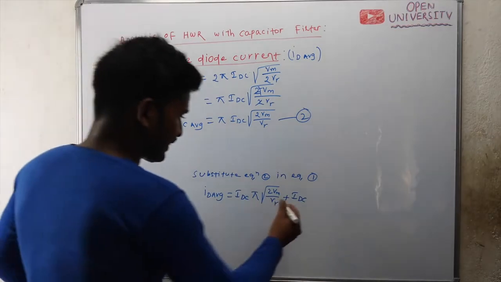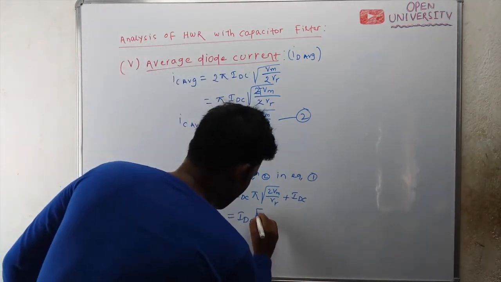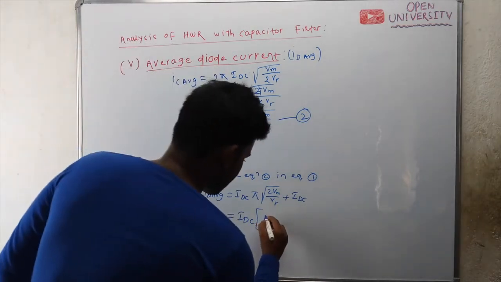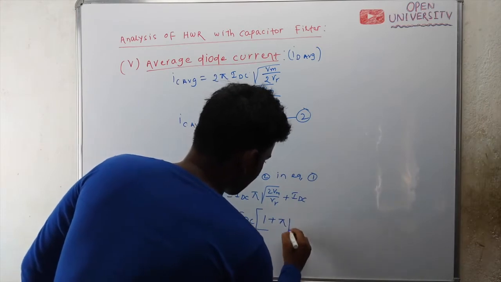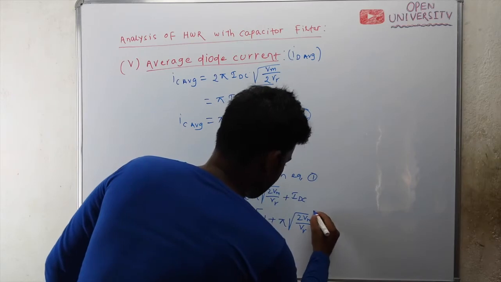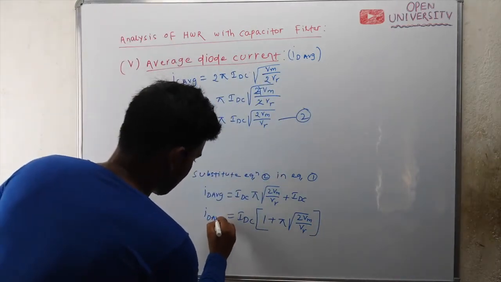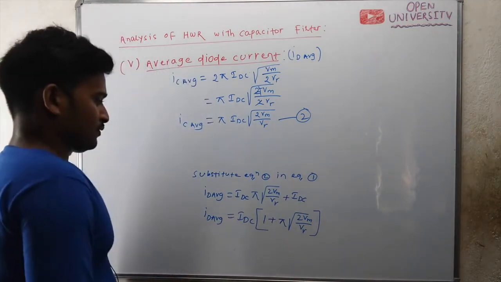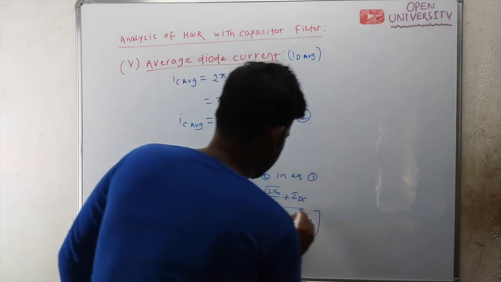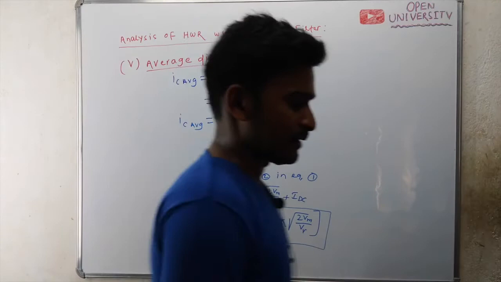If I take IDC common, then IDC into 1 plus pi into under root of 2 Vm by Vr. ID average will be equal to, this is the formula, IDC into 1 plus pi into under root of 2 Vm by Vr.